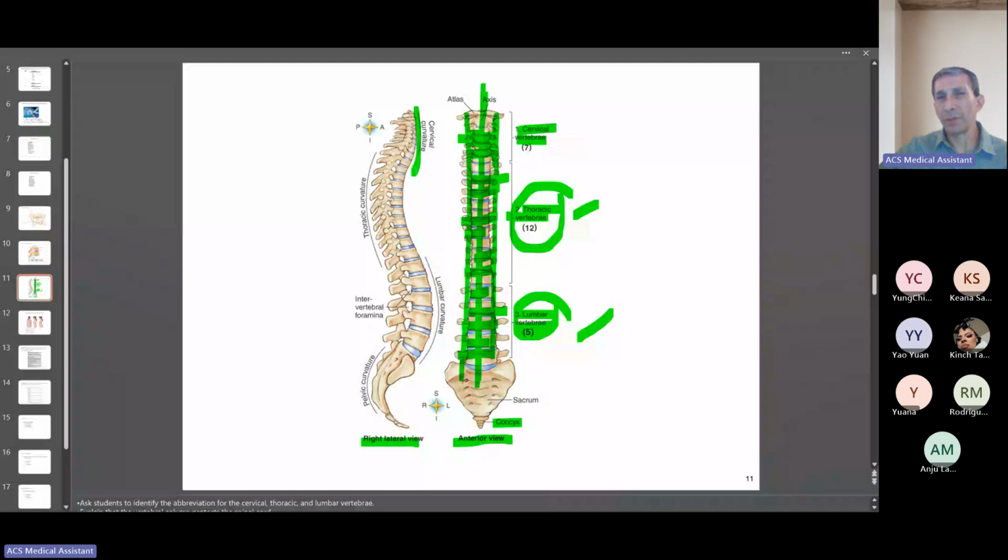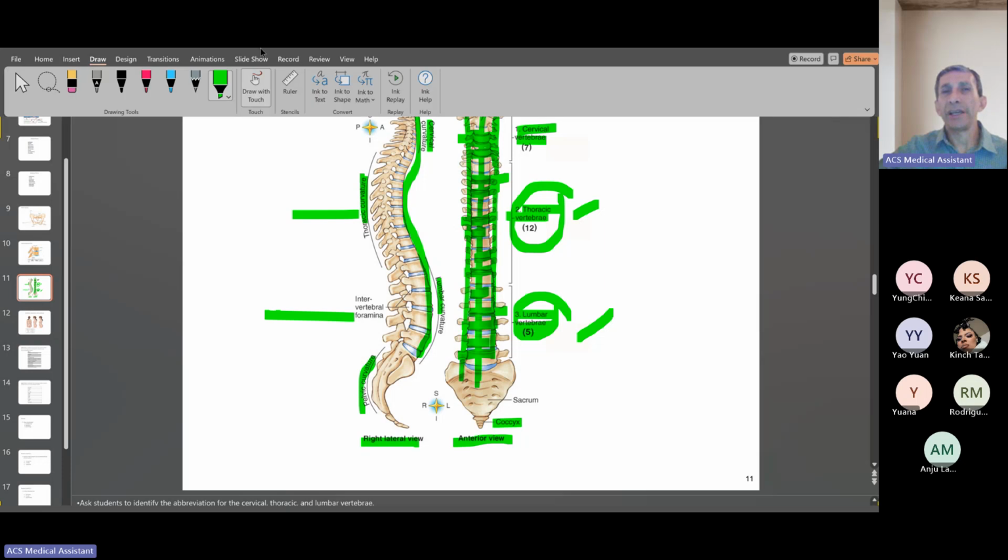So this is the cervical by the neck. This is the thoracic by the shoulders. And this is the lumbar right there by the abdominal area, but on the back. Once again, this is the coccygeal. But we are interested in this one and this one. Why?